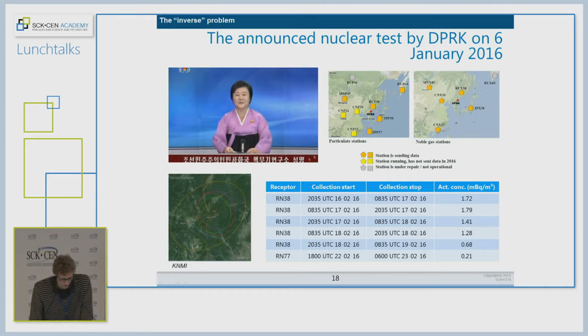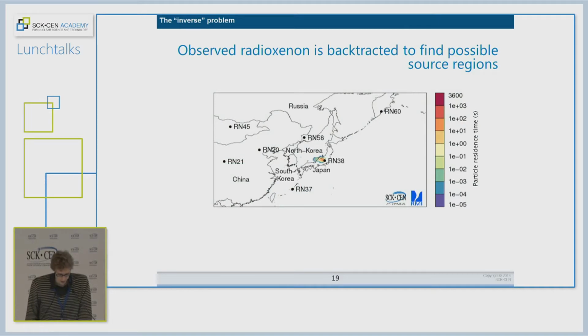From seismic waves, we know that the event took place at the nuclear test site of the DPRK, where also the previous announced nuclear tests occurred. So the idea is that every observation is backtracked by our model to find possible source regions.